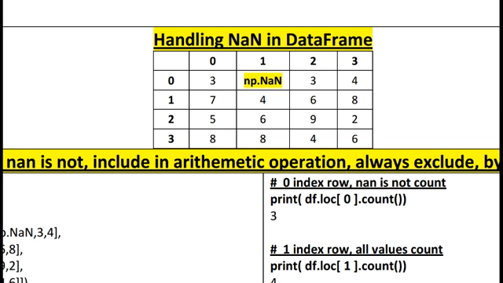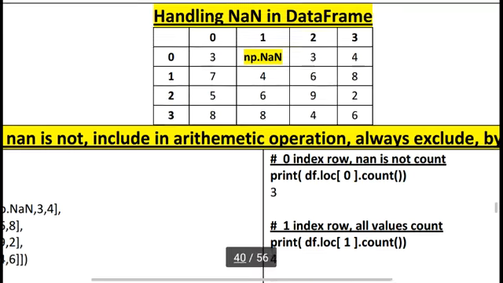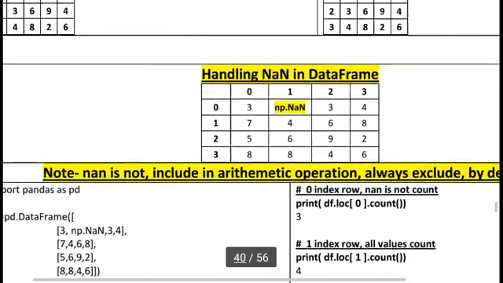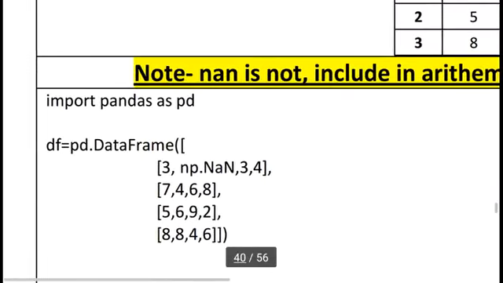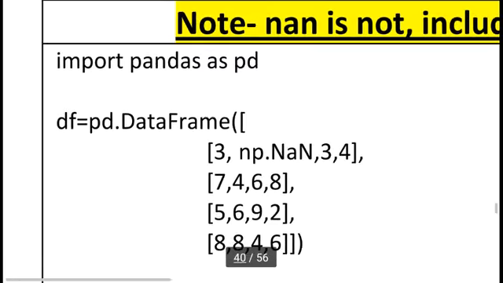But when we have np.nan, we can perform different types of operations, and we can perform counting. The result of counting we can see here. You can see, simply I want to store this table in a pandas data frame. So here we know very well how to store it, using pd.DataFrame.